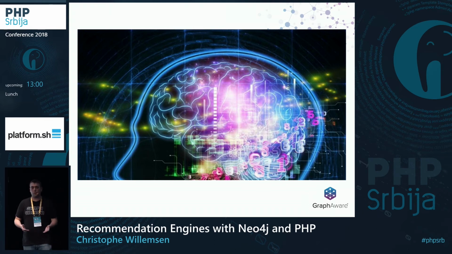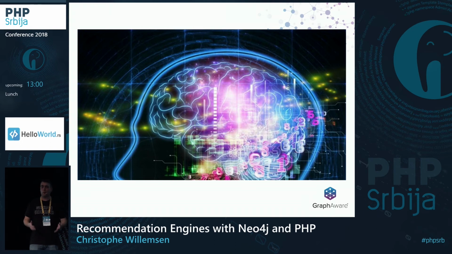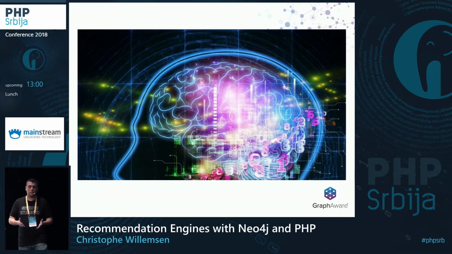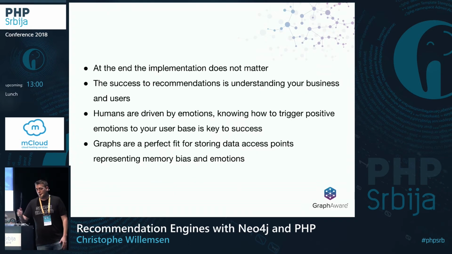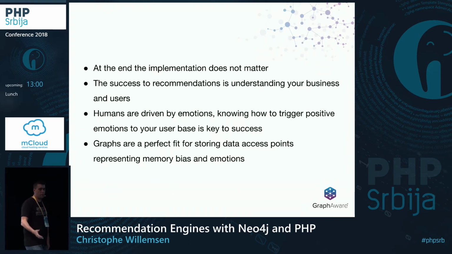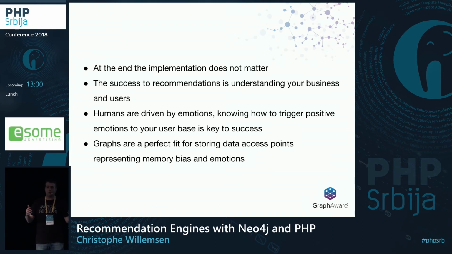So making a good recommendation engine is not about the implementation. It's about how you understand your users, and how good you are at knowing how to trigger emotions in your user. So it is very important. And for this, I do think that graphs are very good at representing access points to content, to information that is useful for triggering emotion.